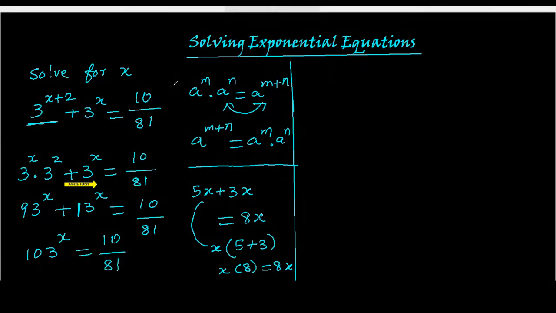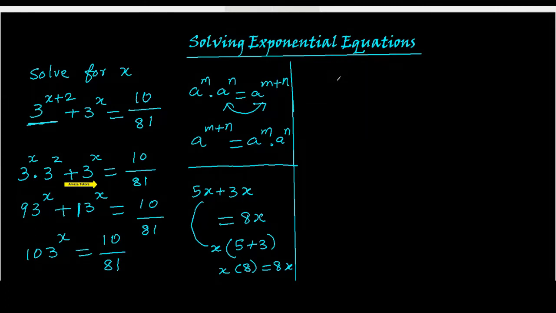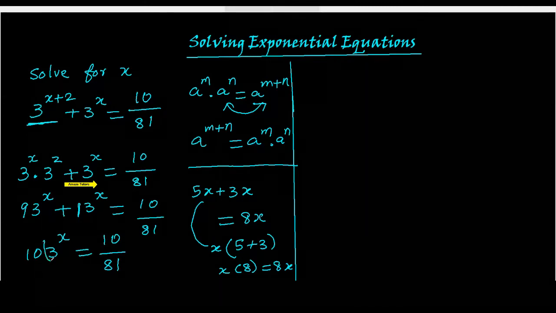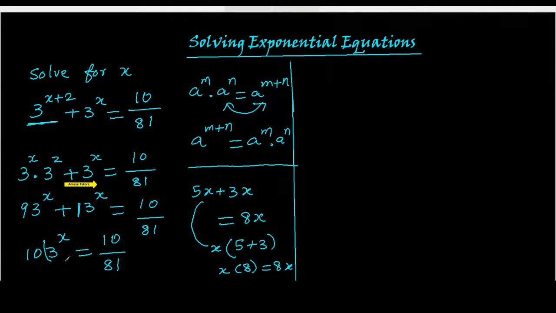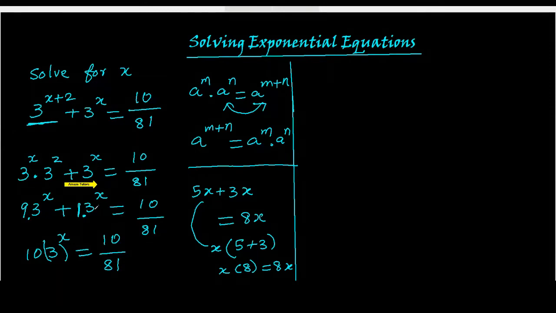I hope it is clear so far. Now let me use the right side to continue, and I should use the bracket here. 10 times, or if you want, you can write a dot, 9 times 3 power x plus 1 times. That is why I am using a dot.